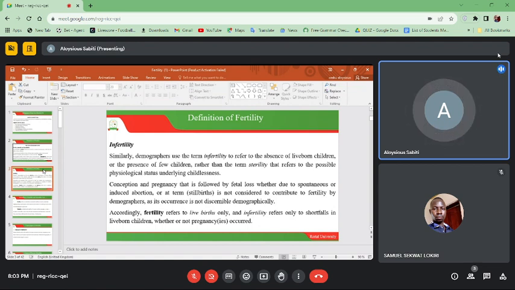So the person is demographically not, it does not agree, because then you've given birth to a fetus that does not breathe. So you do not influence fertility in that regard. So accordingly, fertility refers to live births only, and infertility refers only to shortfalls in live-born children, whether or not pregnancy occurred.